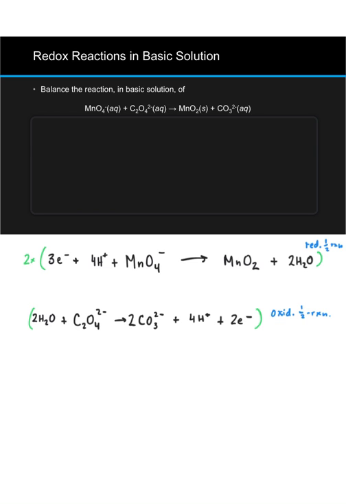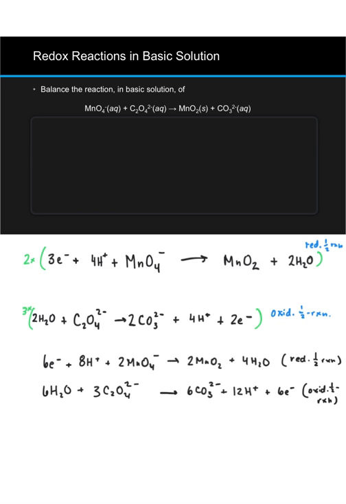I'm going to say that the equivalence in electrons occurs when we have 6 produced and 6 consumed. I'll multiply the reduction half reaction by 2 and the oxidation half reaction by 3. And here's what we'll end up with. In the modified reduction half reaction, we have 6 electrons reacting with 8 protons, 2 permanganates, to make 2 manganese dioxide, 4 water.